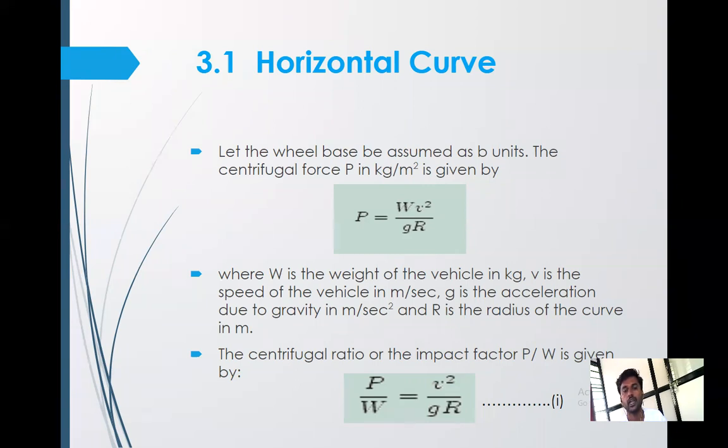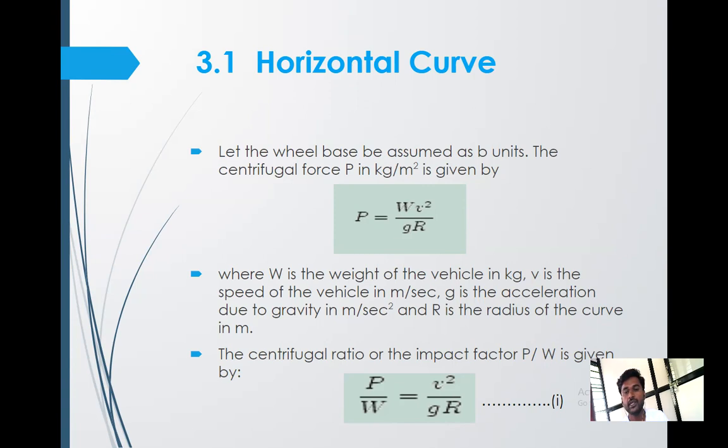P is equal to W V square upon gR, where W is the weight of the vehicle in kg, V is the speed of the vehicle in meter per second, g is the acceleration due to gravity in meter per second square, R is the radius of curve. So by using the formula W V square upon gR, we will calculate the centrifugal force P.